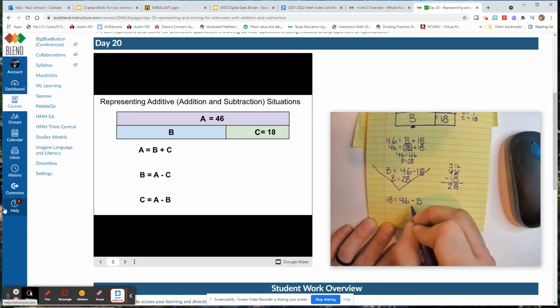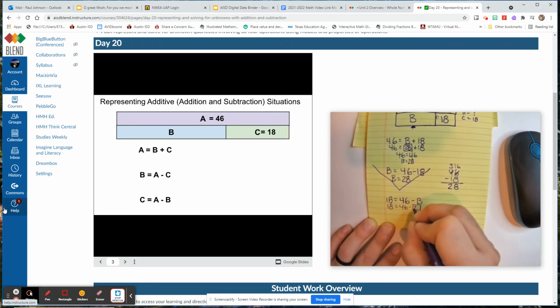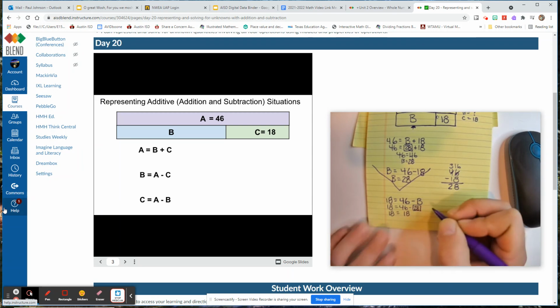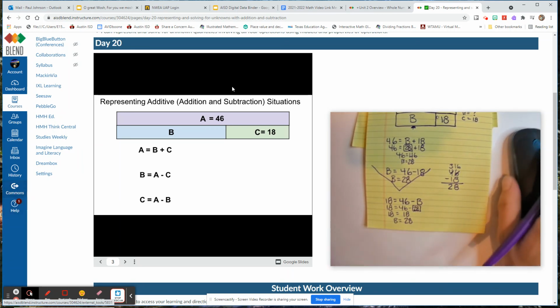I could do 46 minus B is equal to 18. So once again, I have to figure out what would fit into the box to make that true. And then 46 minus 28 is 18. So B equals 28.